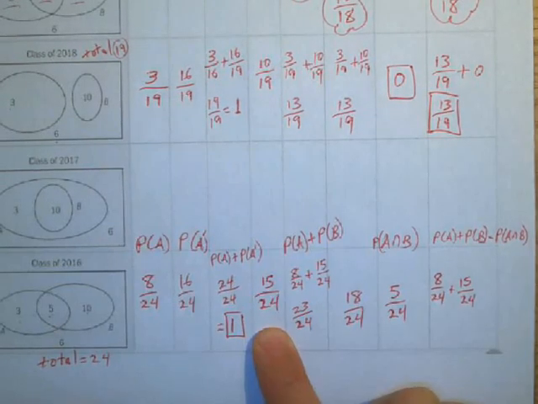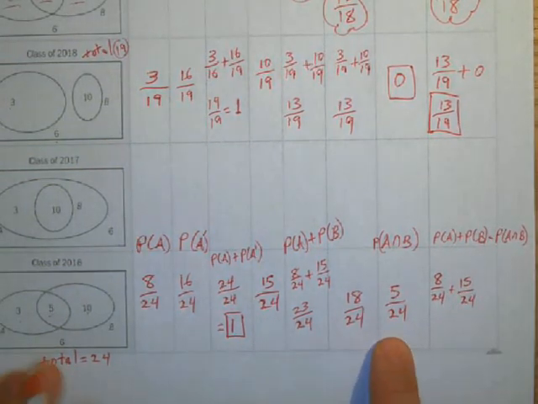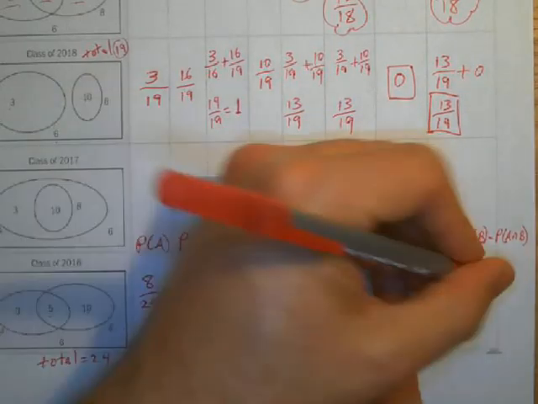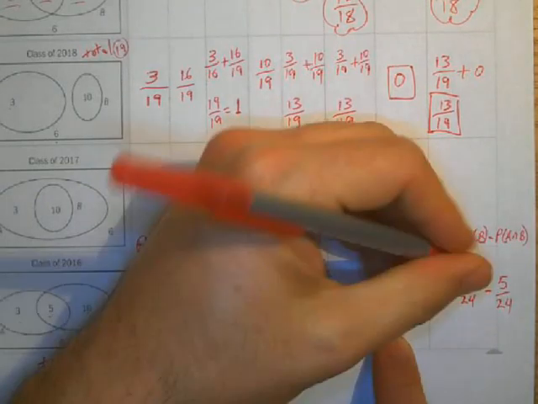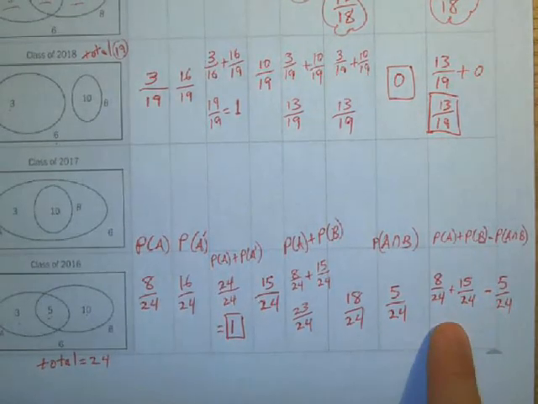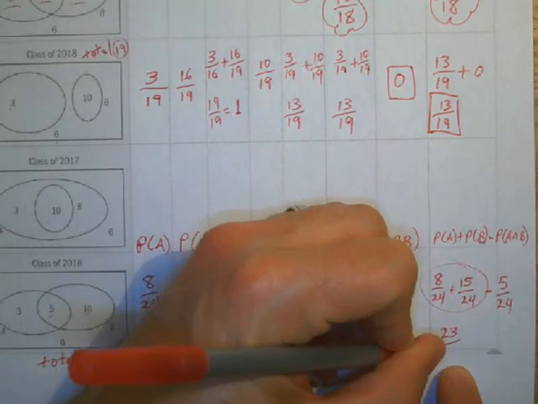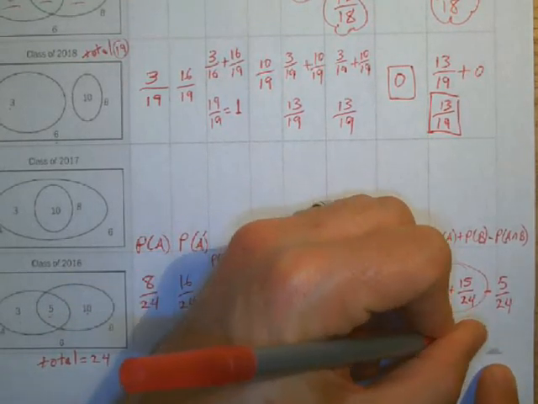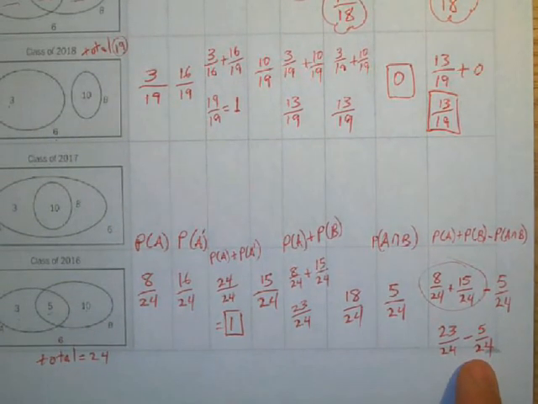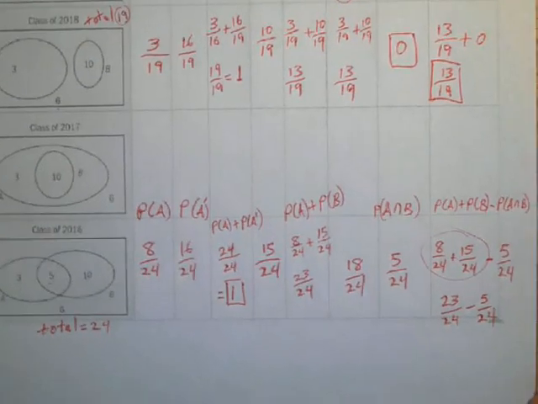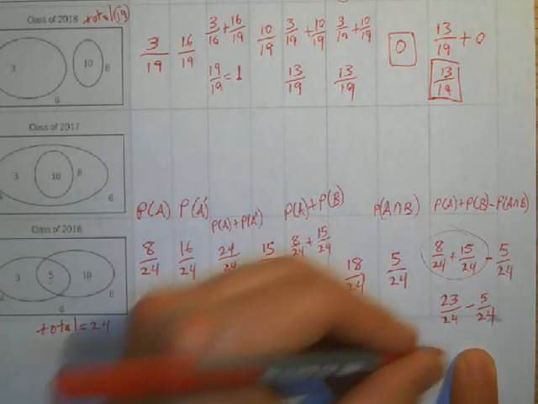And the probability of the intersection of A and B, we're subtracting that, is 5 over 24. Okay, so 8 plus 15 is 23 over 24. And if I subtract 5 over 24, what do we end up with? You're right, 23 minus 5 is going to give me 18 over 24.